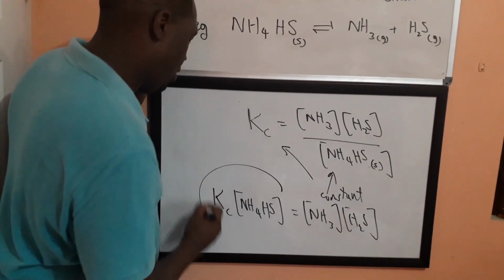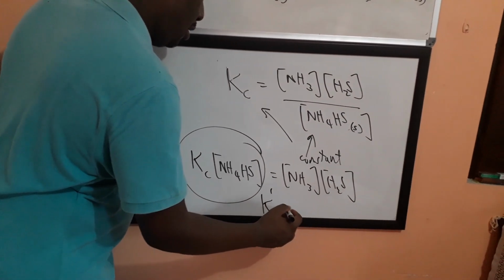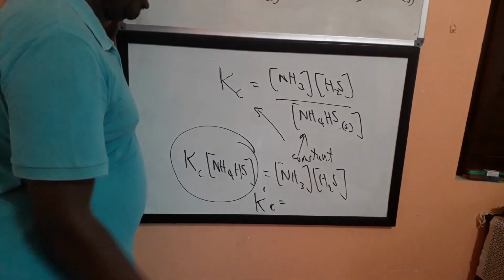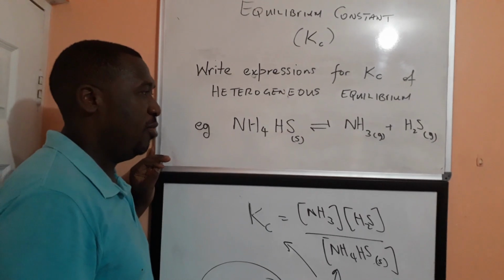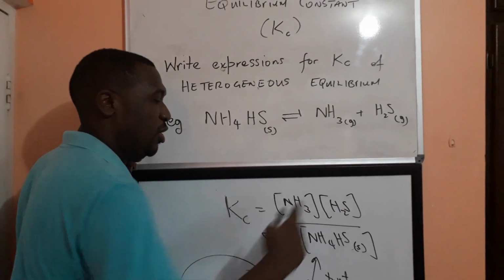And this now becomes a new constant, Kc. So essentially when we write the equilibrium constant for heterogeneous systems, we ignore the solid terms or the pure liquid terms. We just use the terms which are gaseous or aqueous.